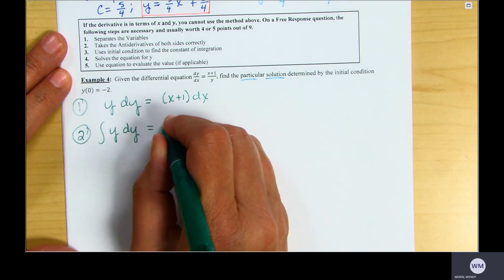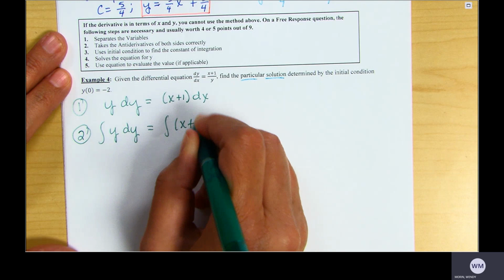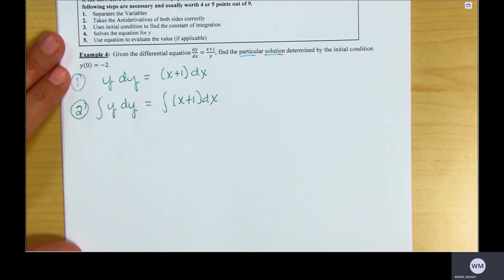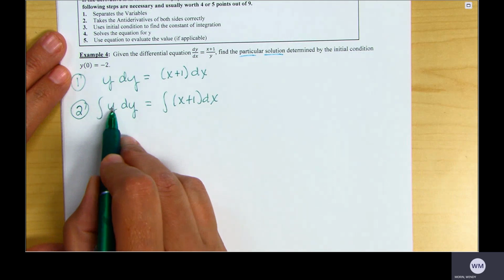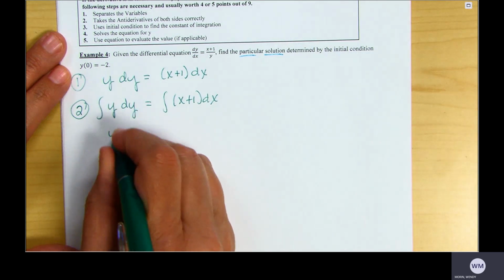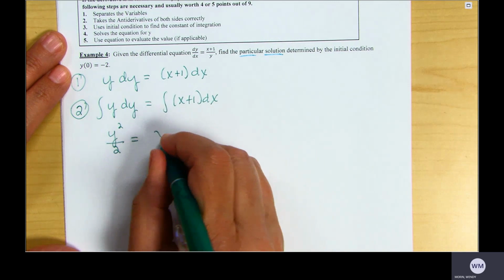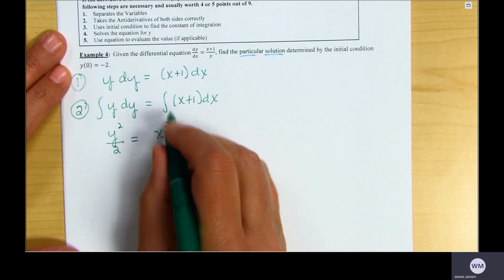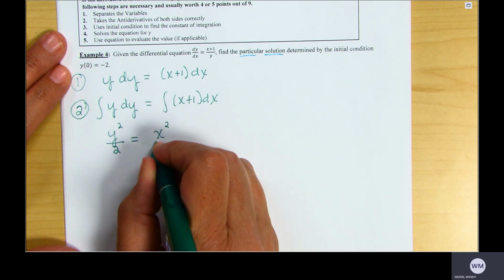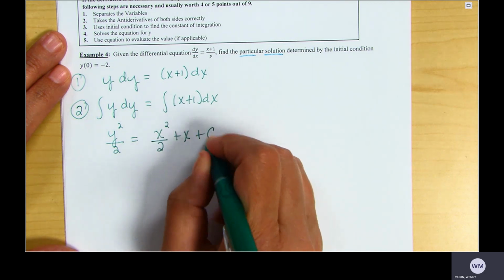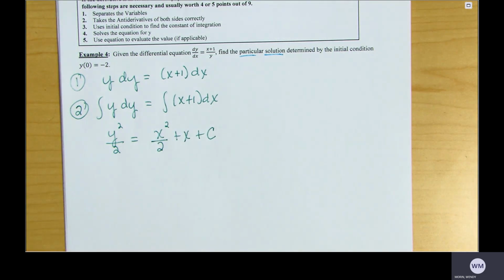You don't have to rewrite it, but I'm going to rewrite it anyway. Okay, so we're integrating y with respect to y. So that's the power rule. And here we're going to power rule on this one. And plus c.